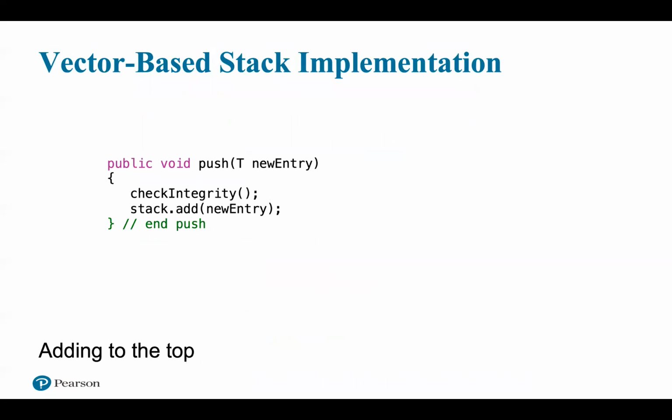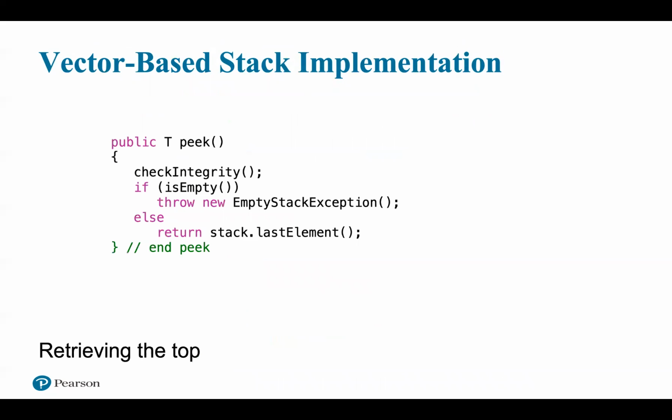Here is the method for adding to the top. We use the vector's method add to add an entry to the end of the vector, that is, to the top of the stack. And for retrieving the top, we retrieve the stack's top entry by using the vector's method lastElement.